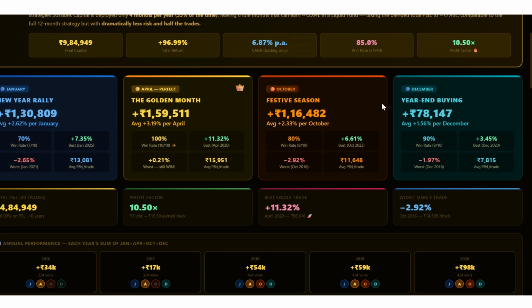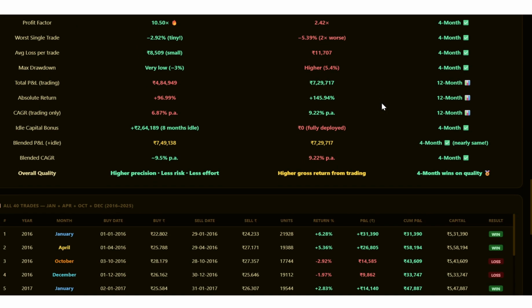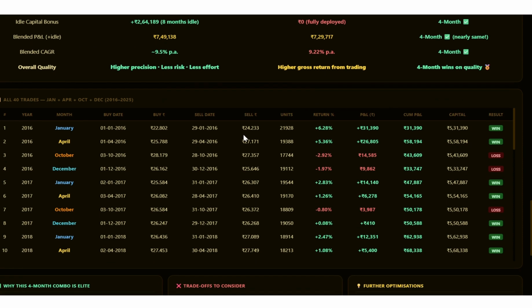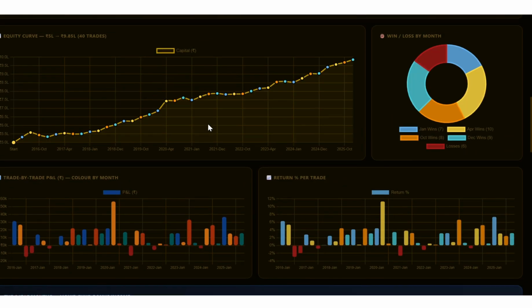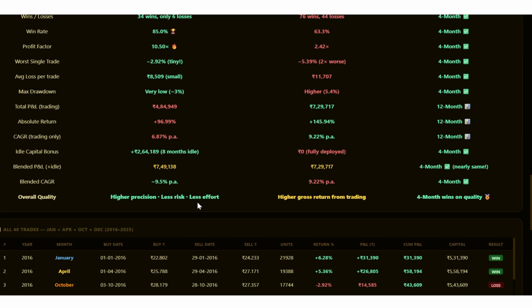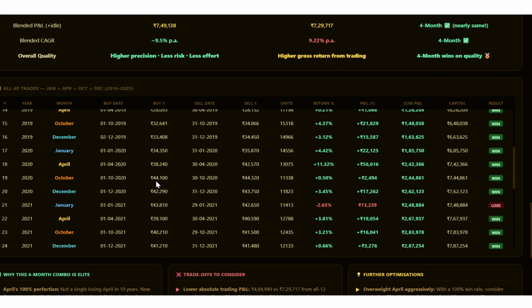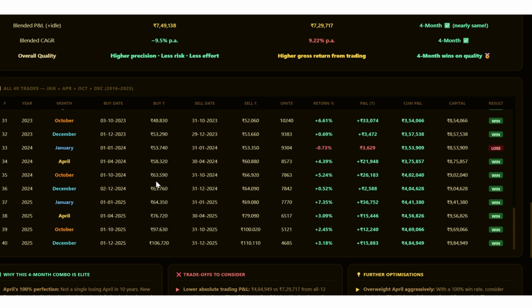So your probability of winning for this GoldBees analysis for 4 months is high. You can buy and sell on those specific months: January, April, October, and December. These are the 4 months which you can take, and as you can see, all 40 trades of those 4 months over 10 years are visible here on the screen.